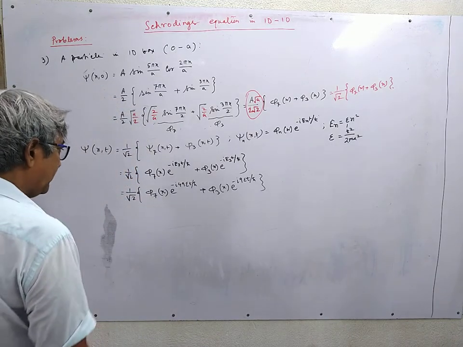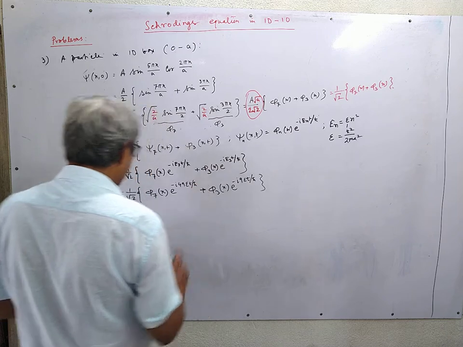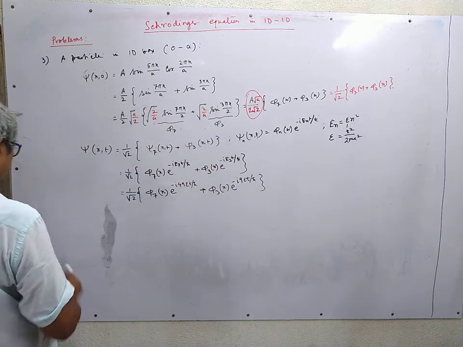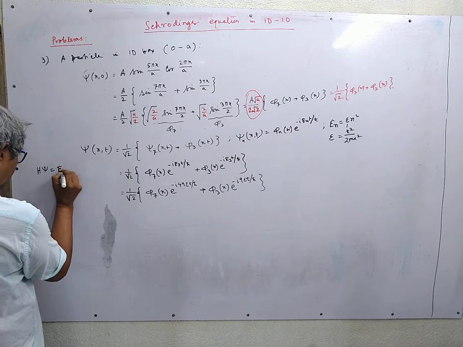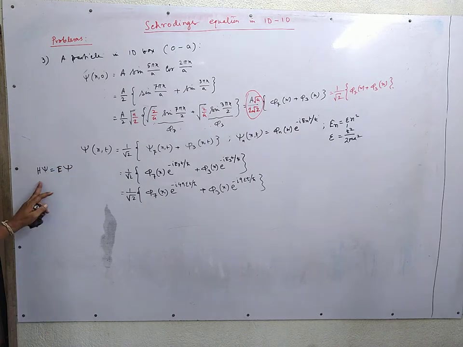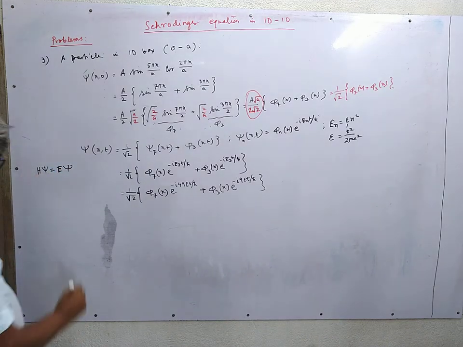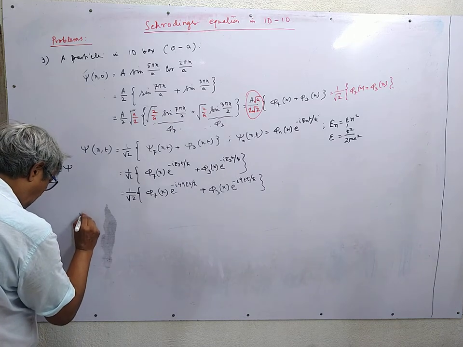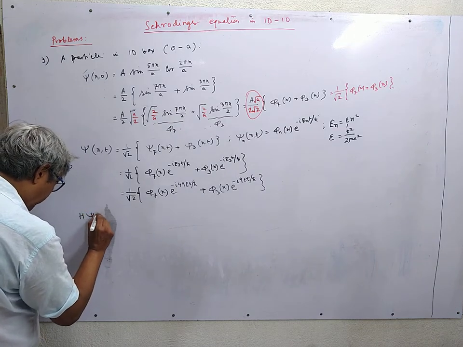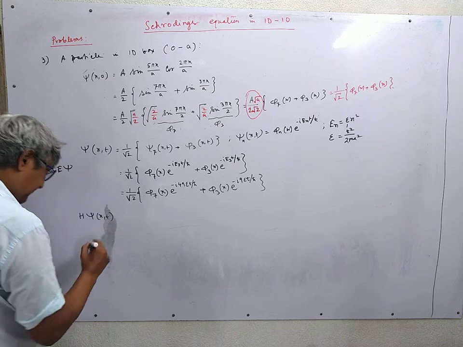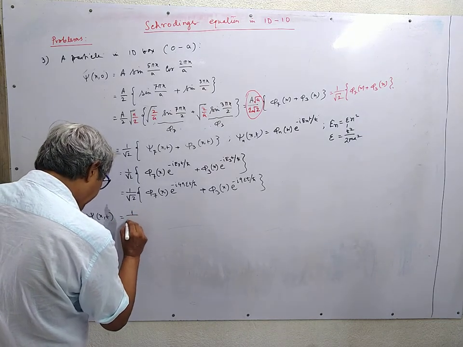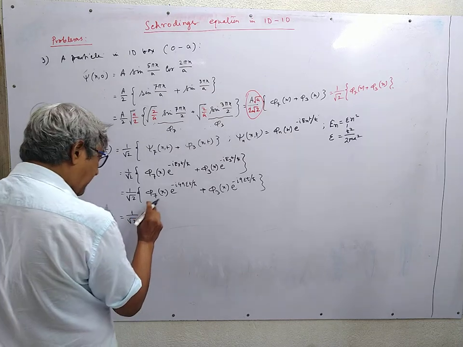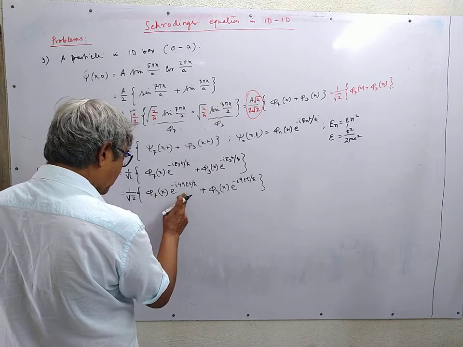Now the question whether this is the stationary state. For stationary state we must have H psi is equal to E psi. Let us check. When Hamiltonian operates on psi of xt, we will have 1 by root 2. Then Hamiltonian operates only in this, not in this.